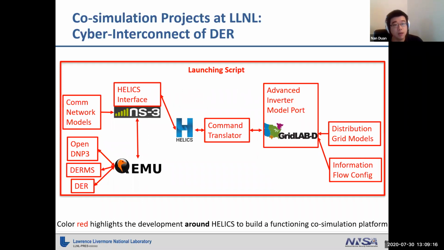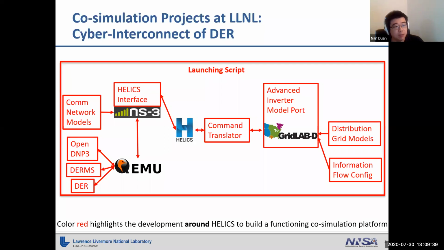So first, let me briefly mention the history of this project. Before this project existed, we had multiple co-simulation projects that were sort of doing their own thing. For example, for this first project called Cyber Interconnect of DER, we have this kind of architecture.